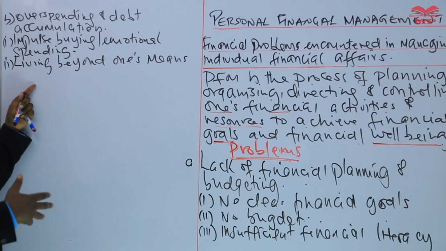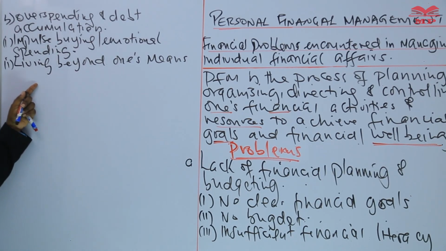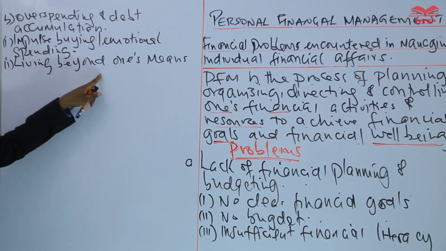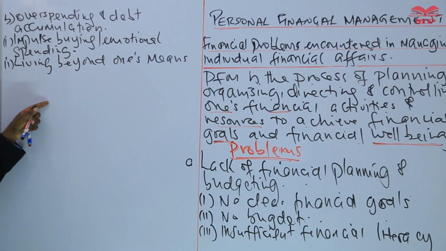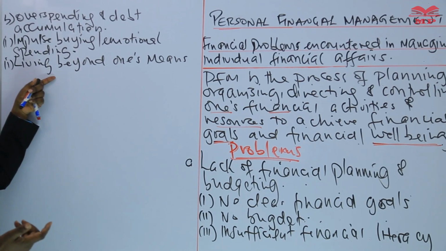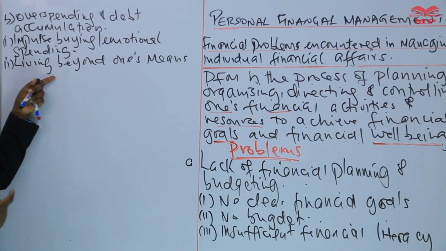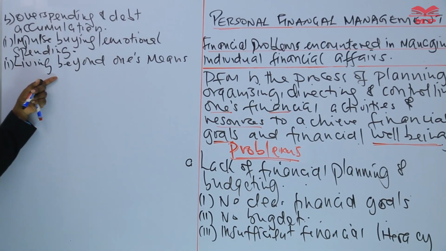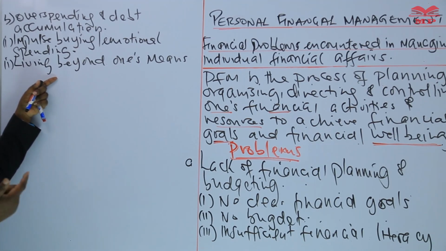If I earn 30,000 per month, then my monthly expenditure should not exceed 30,000. If I spend more than 30,000 shillings, then that is living beyond my means, because my means in my example is limited to 30,000 shillings. So living beyond one's means can lead to financial hardships.